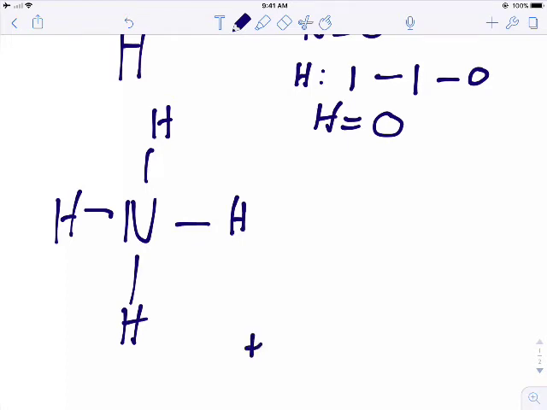I'm going to write the plus charge out of the way for now because I want to assign it to an atom, but I don't want to give away what it is yet. So let's go through and calculate the formal charge now for all of these atoms. Okay? Let's start with hydrogen because you're probably noticing that for hydrogen, it's the same, right?